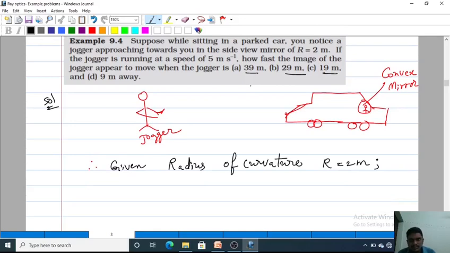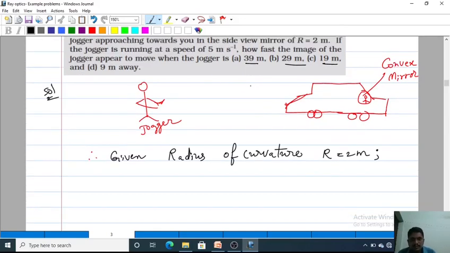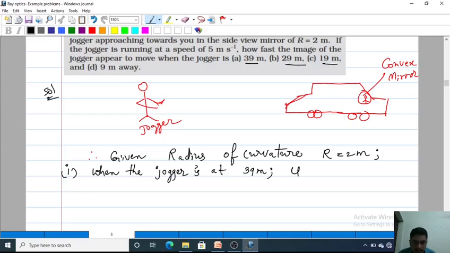Now in the first case, when the jogger is at 39 meters, the object distance u equals minus 39 meters. What is given to us is the radius of curvature. The focal length of the convex mirror is positive, and the radius of curvature is also positive, because it is a convex mirror.